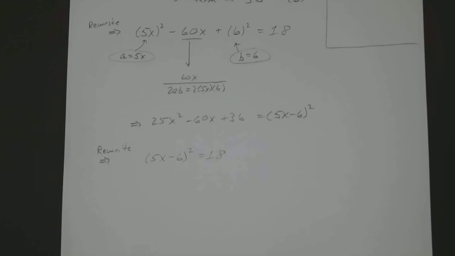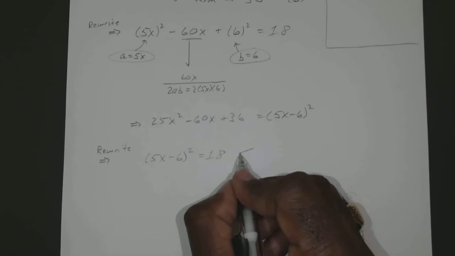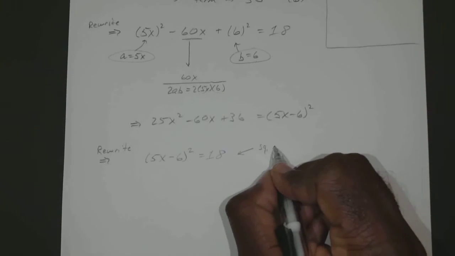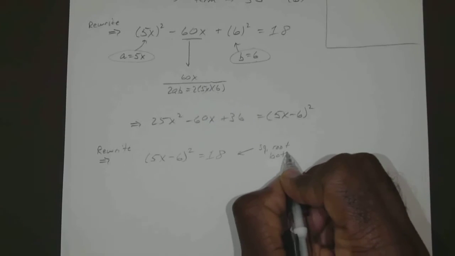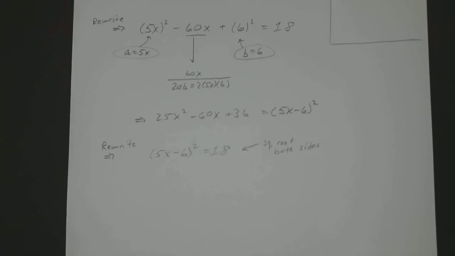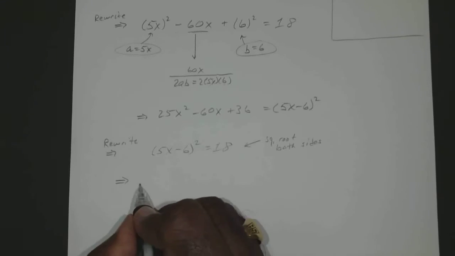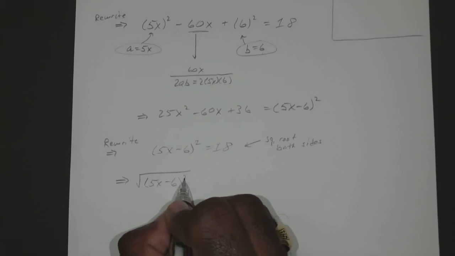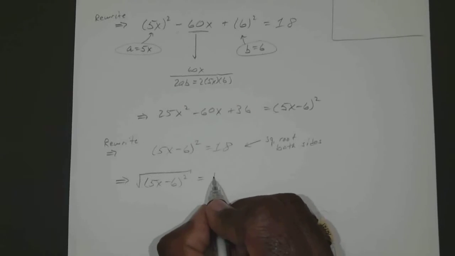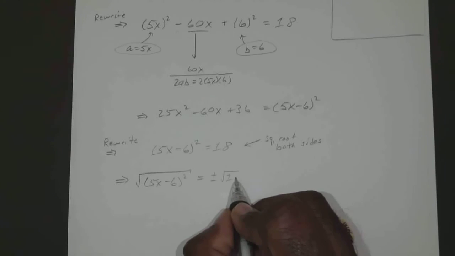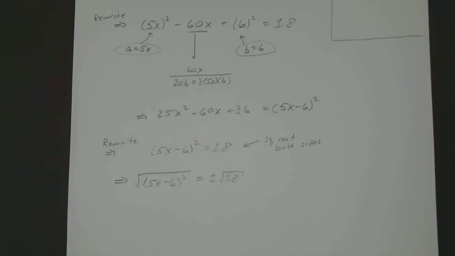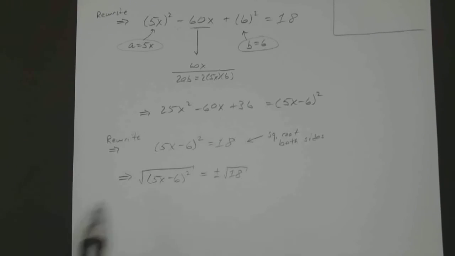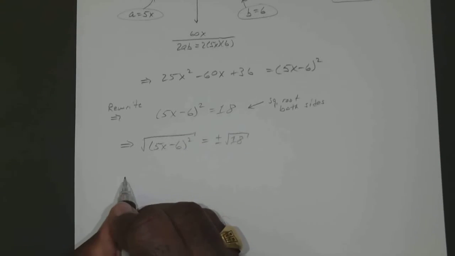Okay, so now we can just square root both sides. So we have the square root of (5x minus 6) squared equals plus or minus the square root of 18. Okay, so the square and the square root cancel out, so that disappears.